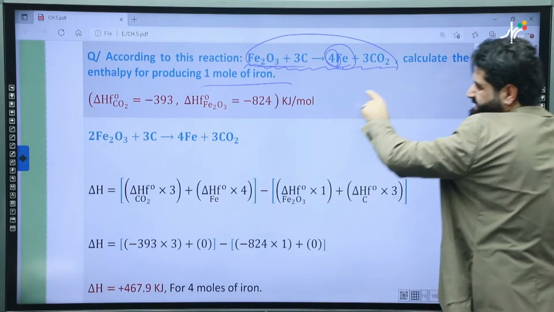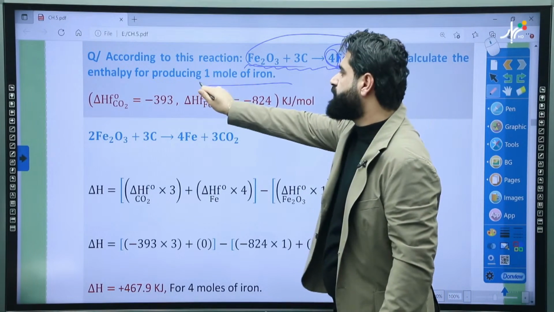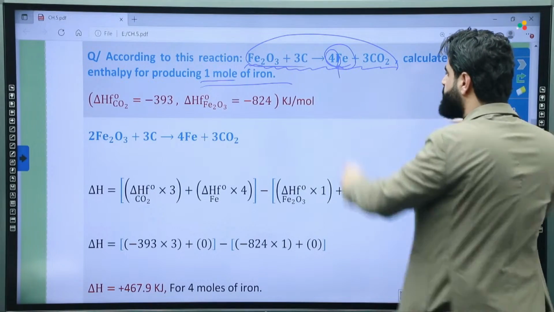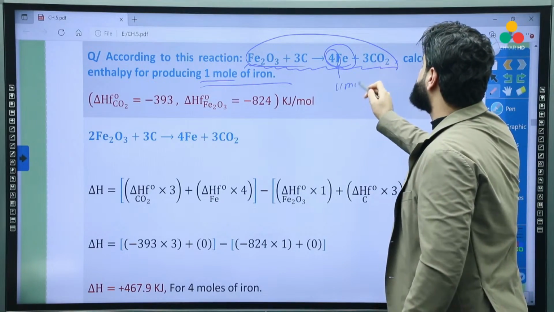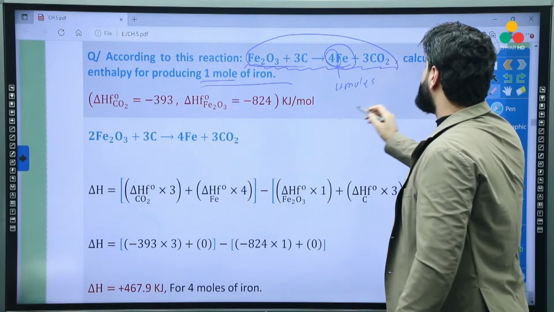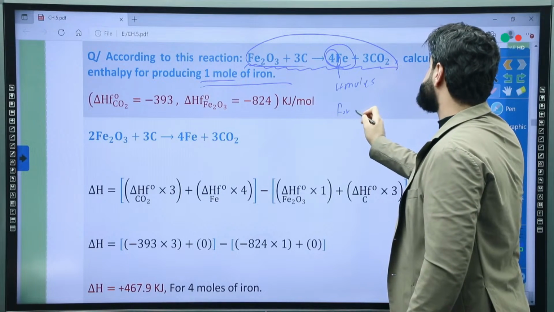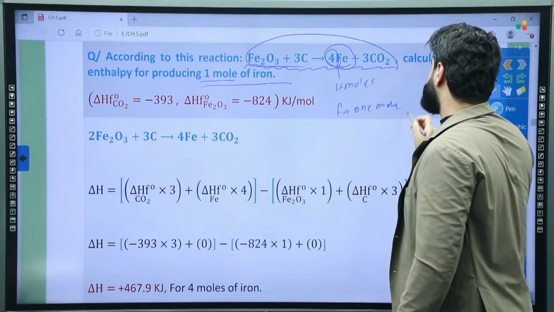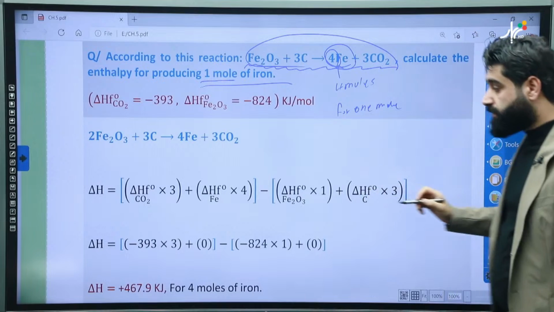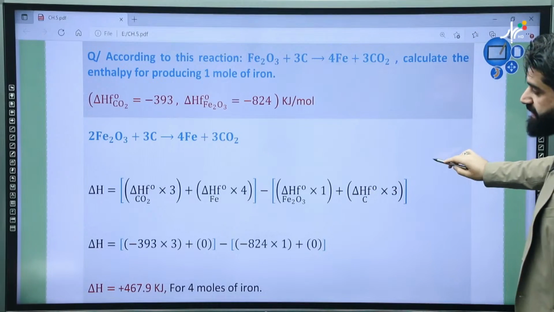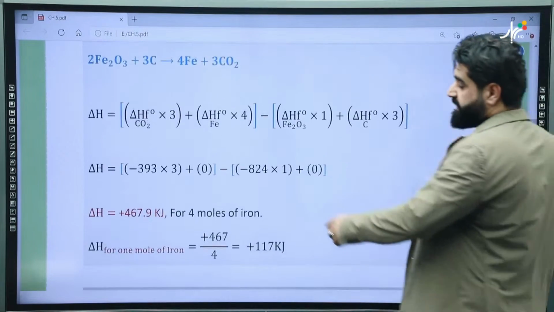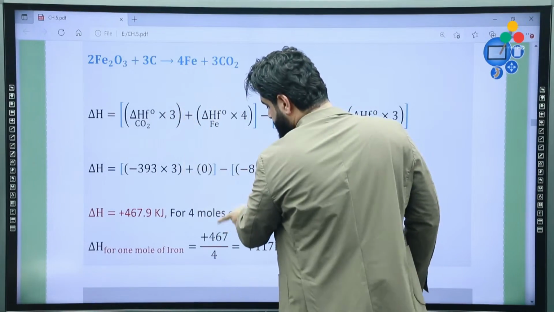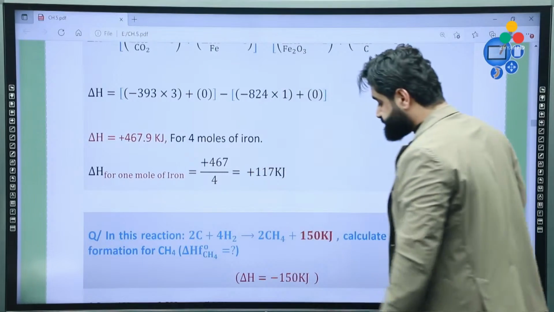But it asks to get the value of delta H for 1 mole of iron. So first step, we calculate for 4 moles. Then for 1 mole, you have to divide the result by 4. Okay? It's delta H for 4 moles of iron, but for 1 mole, you have to divide by 4.